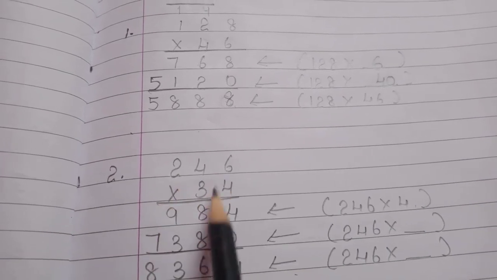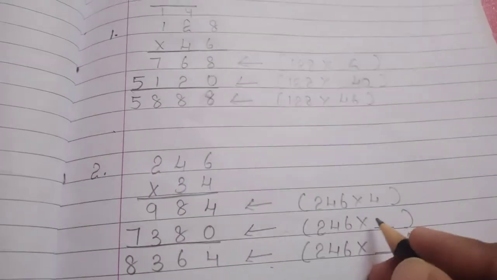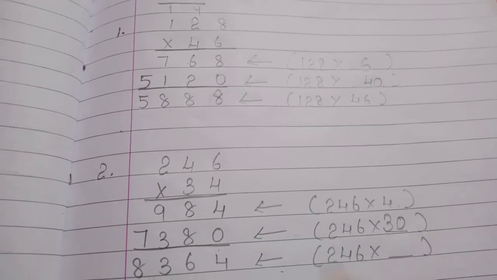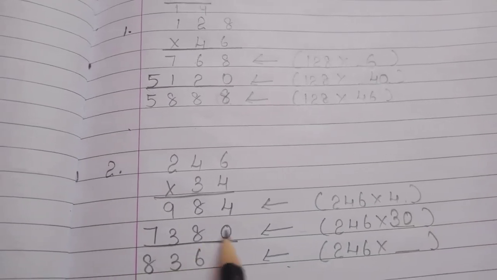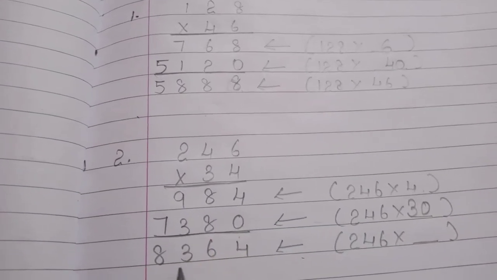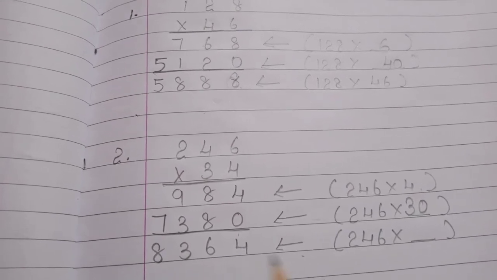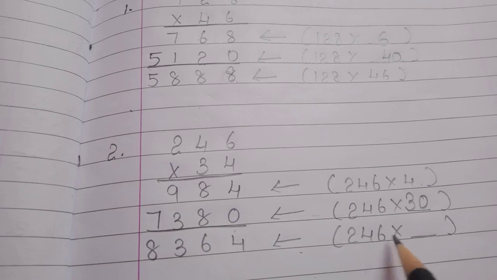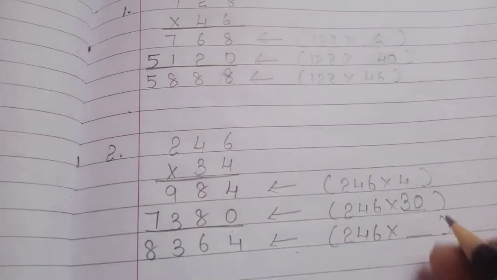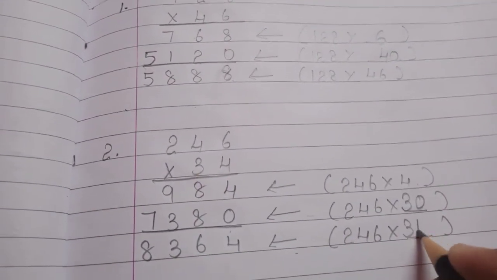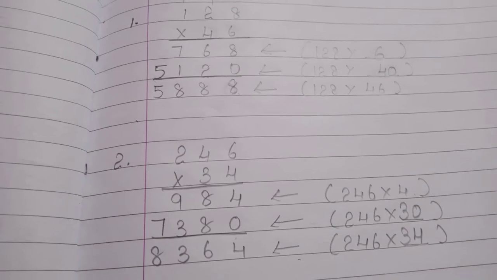So 246 multiplied by, here we can write 30. Okay, so then we will get 7380. Now our final answer is 8364. So how you got this? That is 246 multiplied by 34.